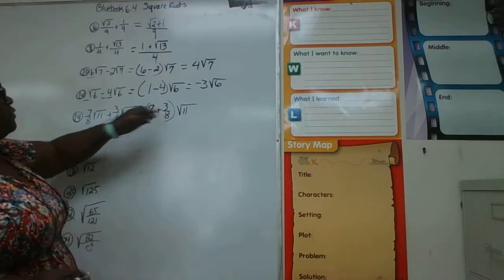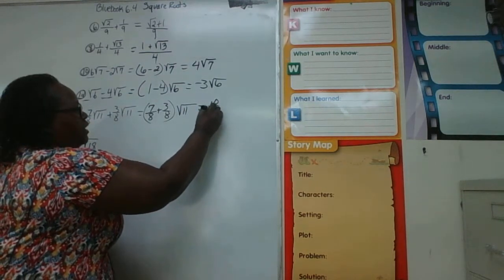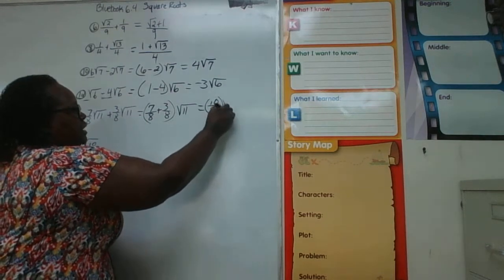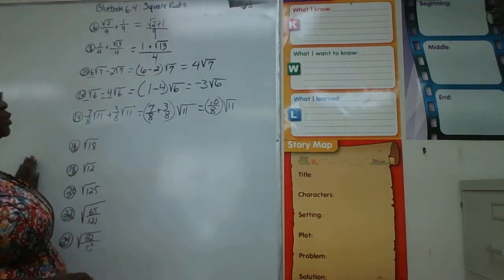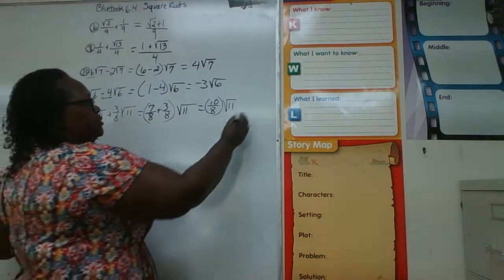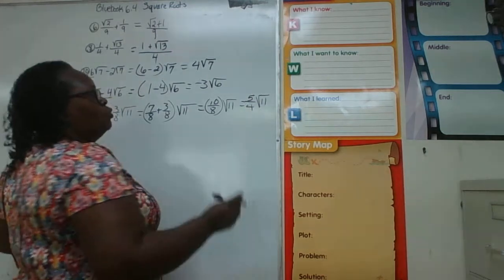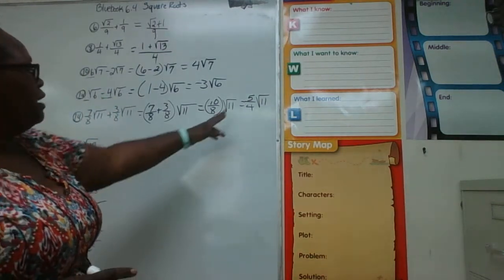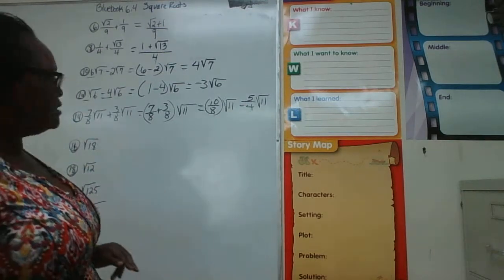So now we can simplify what's in the parentheses. In this case, we have 10 over 8, now the square root of 11. Well, 10 over 8 can be simplified by dividing the numerator and the denominator by 2. Therefore, we have 5/4 times the square root of 11. We do not convert our improper fraction to a mixed fraction. We leave it as is.